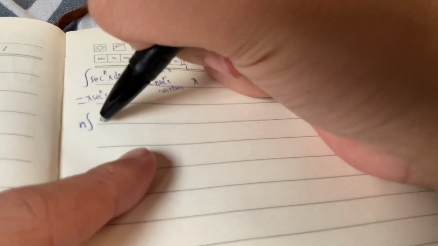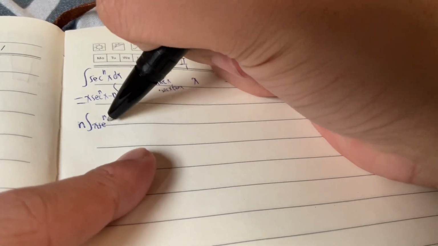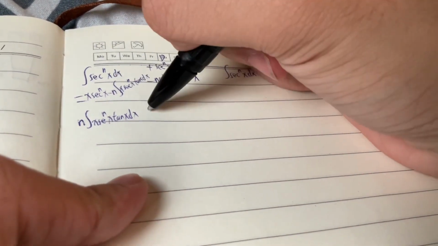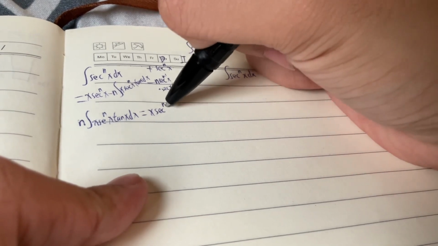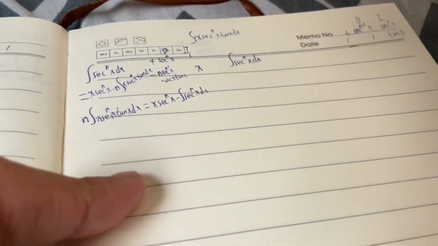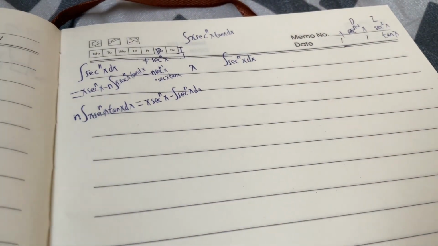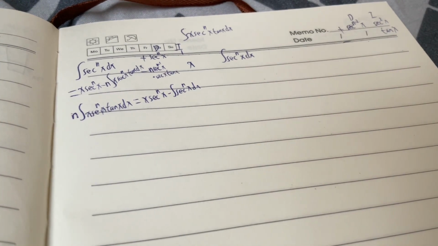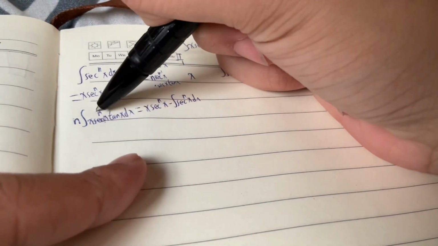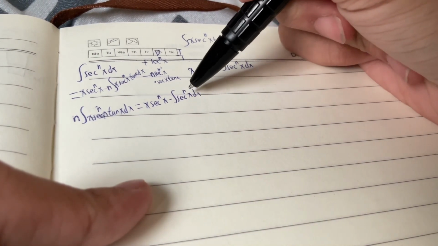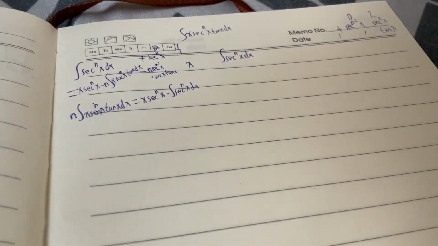So tangent x will be equal to x times secant power of nx minus the integral of secant power of nx dx. It doesn't help us at all, right? If the power is very high, it doesn't help us. If the power is 7, you need to use another reduction formula of this, and it will be too crazy.